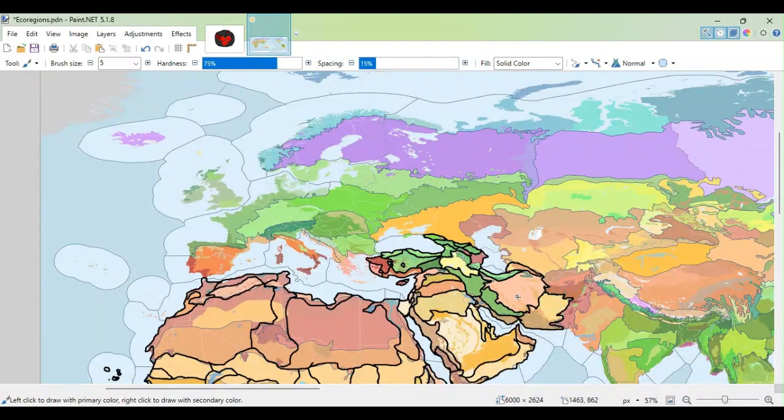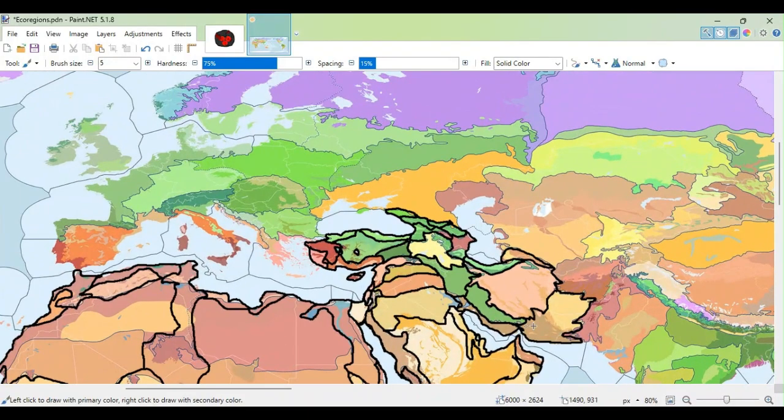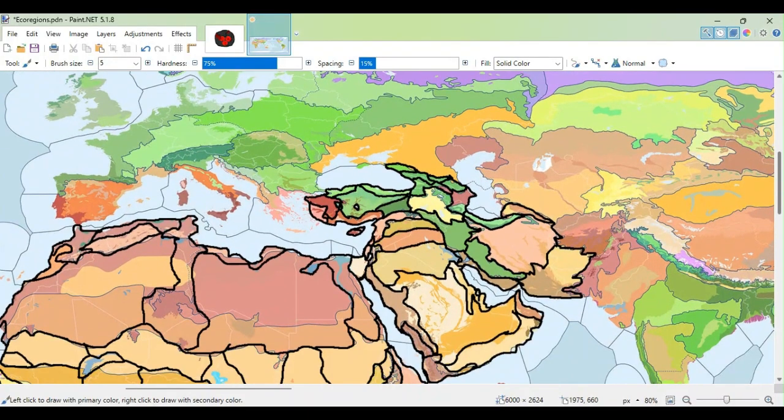Okay, so this is what the Middle East looks like now. I know, not exactly the best, especially Turkey, since most people in this area feel pretty united about the fact that they live in Turkey, except the eastern part. All right.